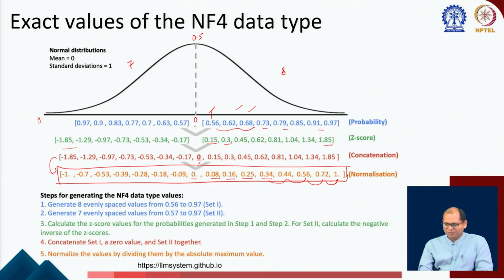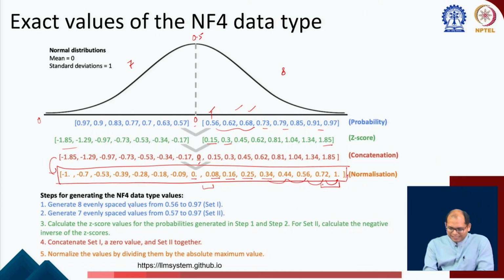That means you will have more points near the center than at the edges. So in the range 0.7 to 1, you will have the same number of points as between 0 and 0.08. Each bucket should theoretically have the same number of elements.